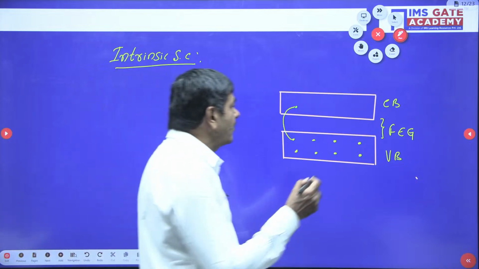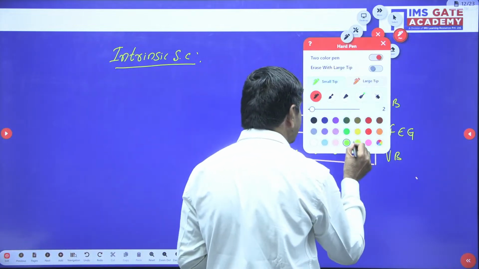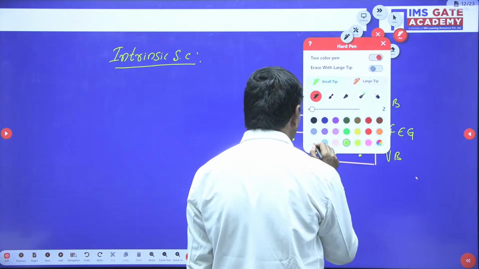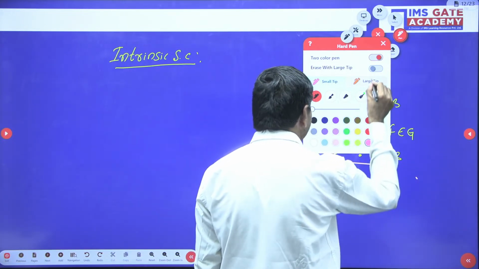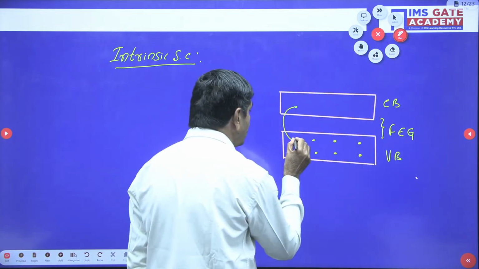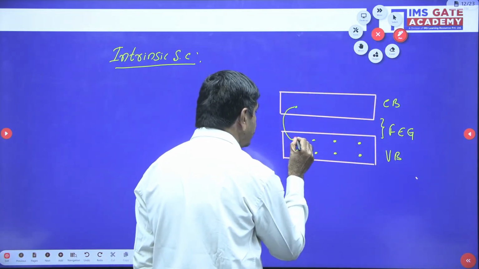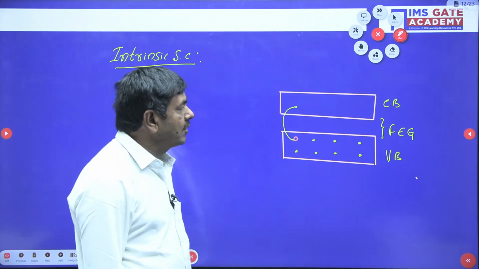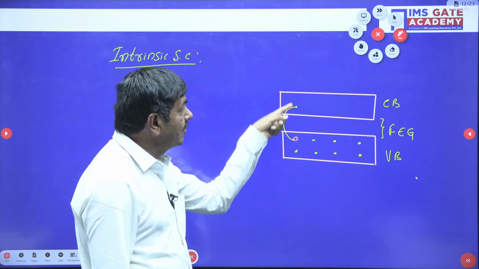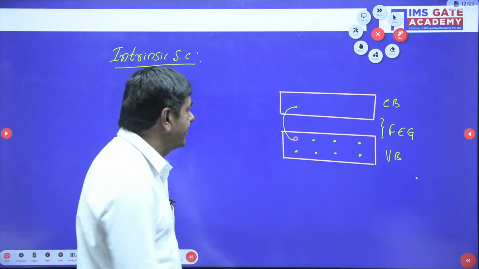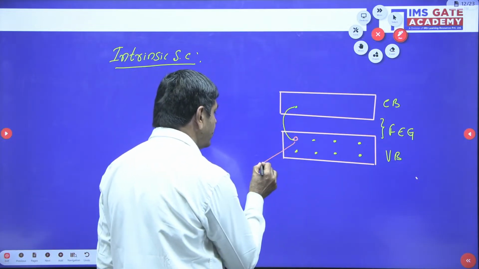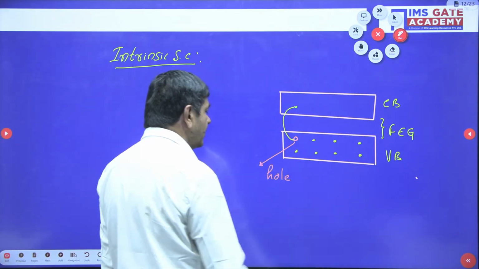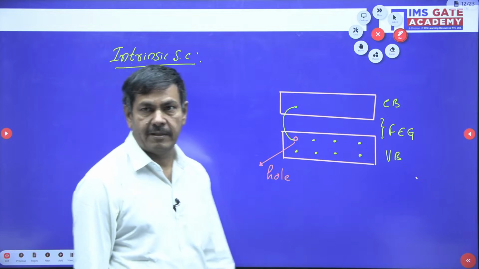So when one electron moves from the valence band to the conduction band, it forms one hole. The electron is in the conduction band, and the hole is created in the valence band. Hole is nothing but the lack of an electron.